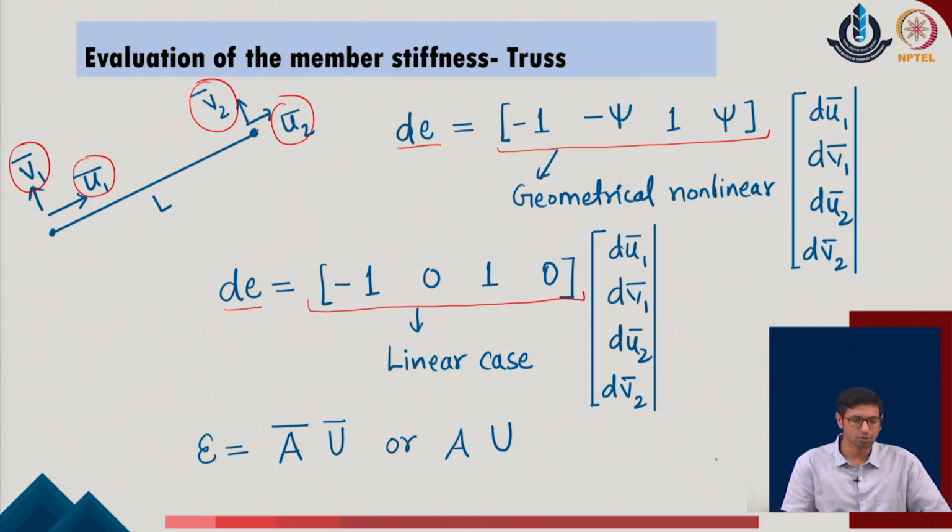So, the change in the length of the given member in a general form can be simply described by the small change taking place in the member direction at node 2, minus the change taking place at node 1 along the member length. So, du2 minus du1 can ideally reflect the change in the length of the given member, provided we are not following a large displacement model.